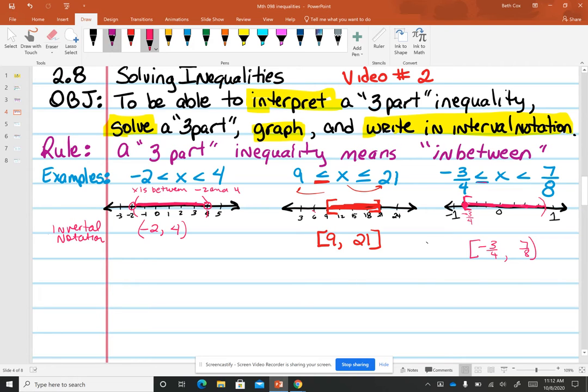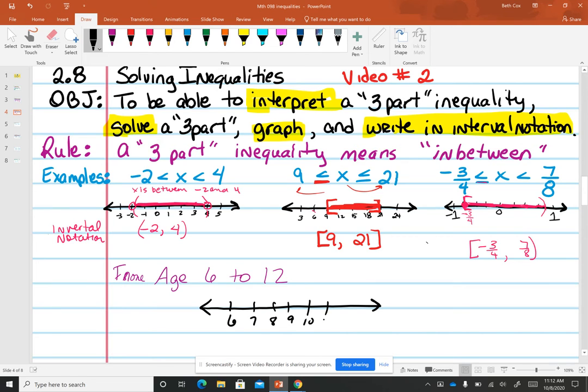All right, so now just in context real quick, if I were to say from age 6 to 12, what would that mean? Okay, so let's look at that on a number line. So from age 6 to 12 would be the day you turn 6 till the day before you turn 13.